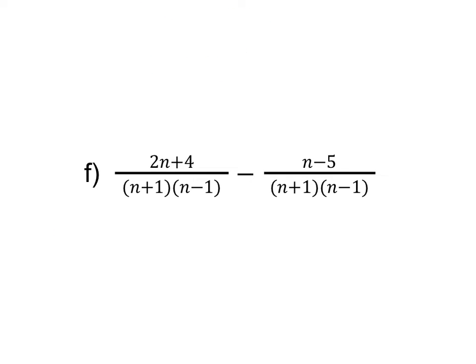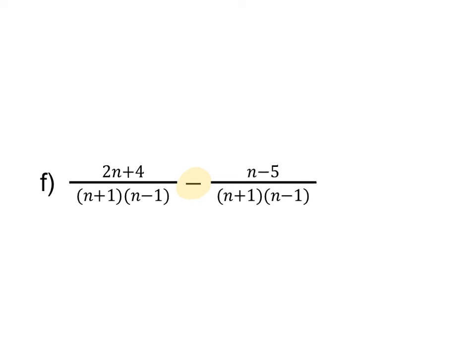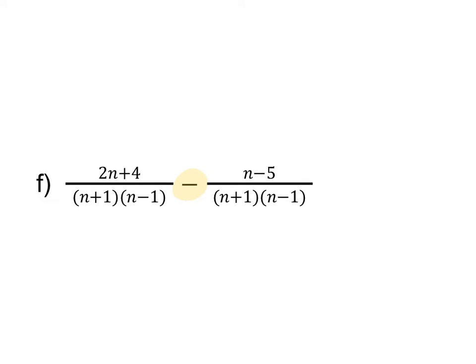Okay, here's the next one. This is a little bit trickier. You have (n + 1)(n - 1) on both of the denominators. Sweet, that's a good sign. But this time you are subtracting, so it's a little bit trickier. I'm going to write it up at the top: 2n plus 4 minus (n - 5). Since it's minus, you must distribute that negative.